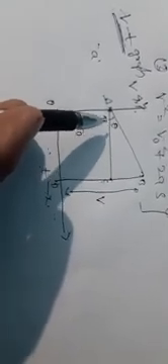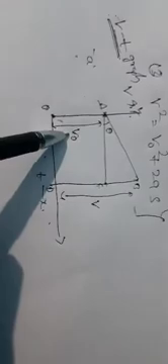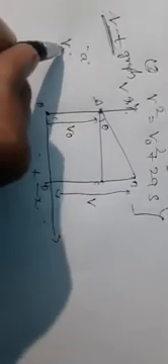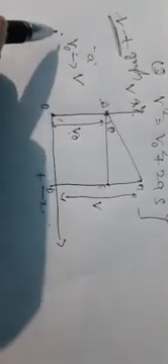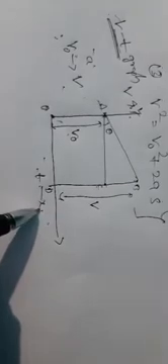When a body is subjected to uniform acceleration a, its velocity changes from the initial velocity v naught to the final velocity v. The time taken is small t, the time interval in seconds.